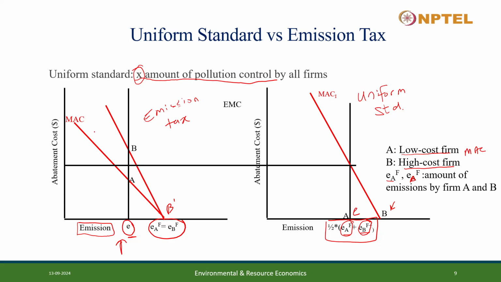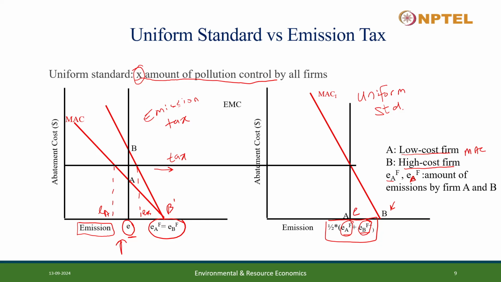We will equate the intersection of MAC with the tax. This is the tax line. By equating, here we get EA and here we get EB. So EA and EB are the abatement done by firm A and firm B, which is very different.